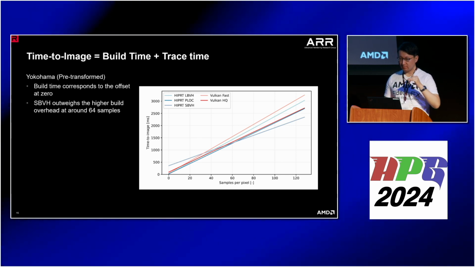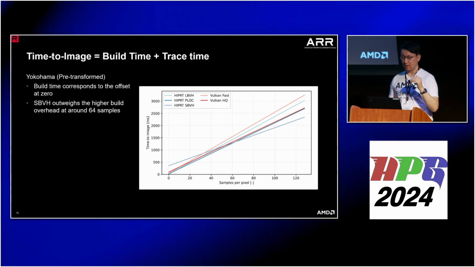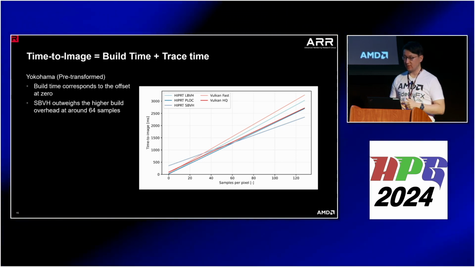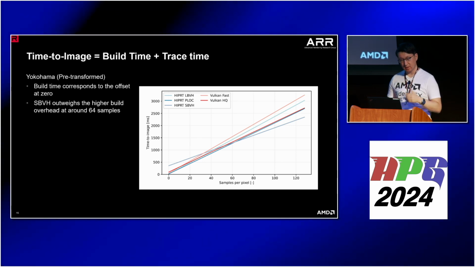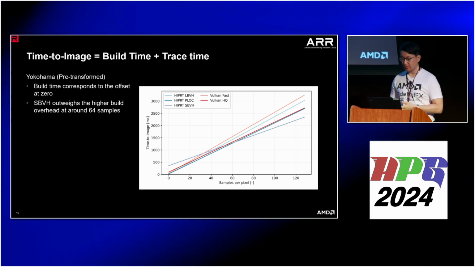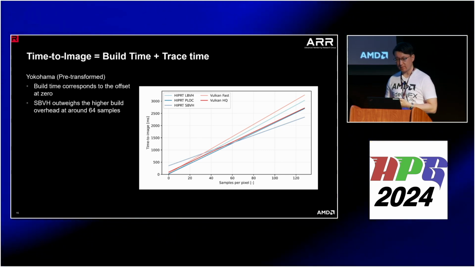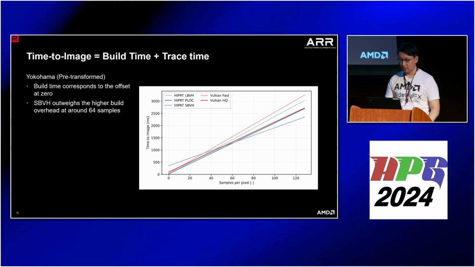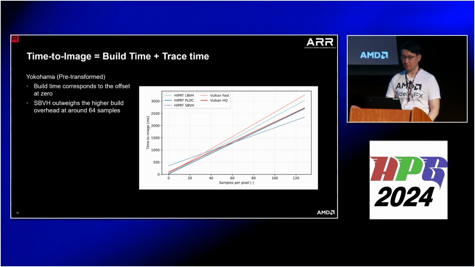So the per sample overhead is lower, so with an increasing number of samples, at a certain point it becomes faster than other methods, and in this particular case it is 64 samples per pixel, which is still pretty good for professional rendering because we use much more samples, right?